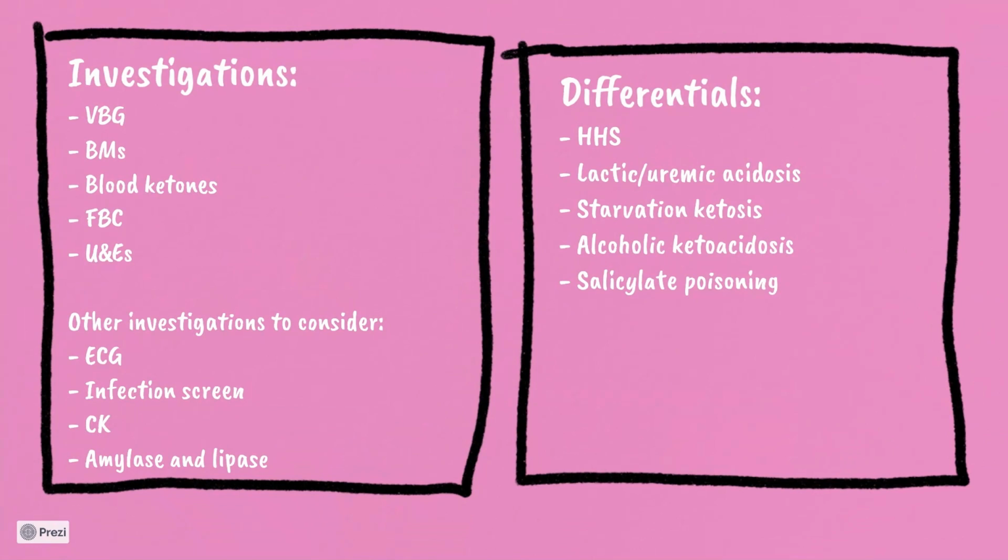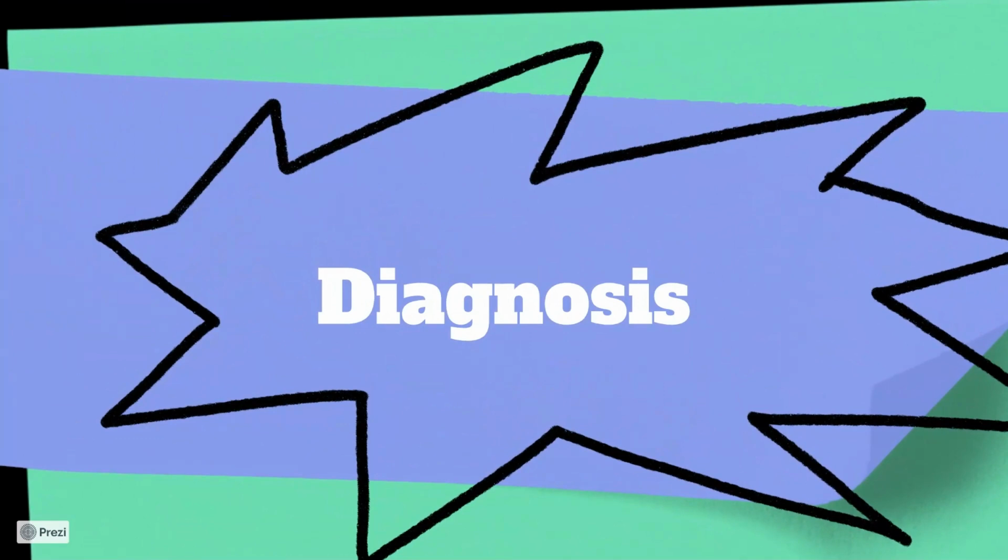Whilst assessing the patient, also consider other differentials such as hyperglycemic hyperosmolar state, lactic or uremic acidosis, starvation ketosis, alcoholic ketosis, and aspirin poisoning. Next, we'll be talking about the criteria for the diagnosis of a DKA.